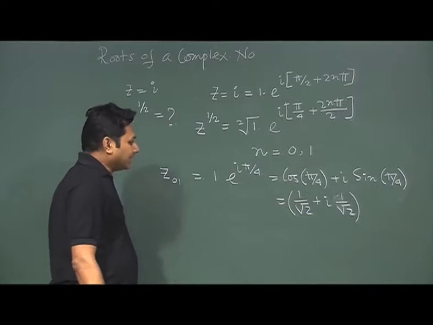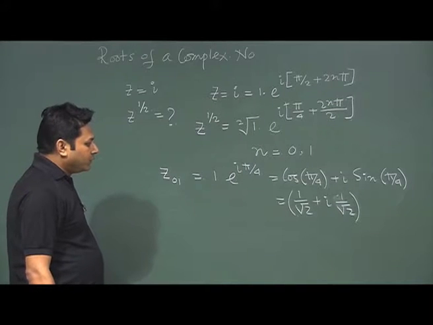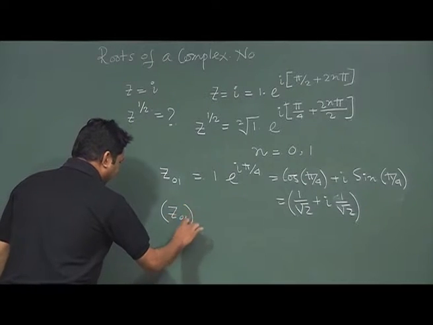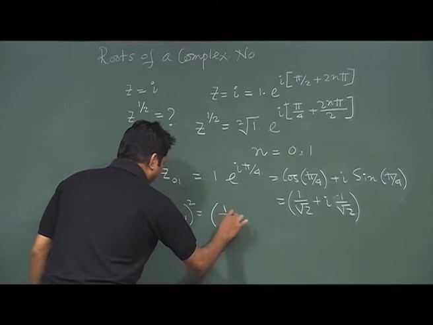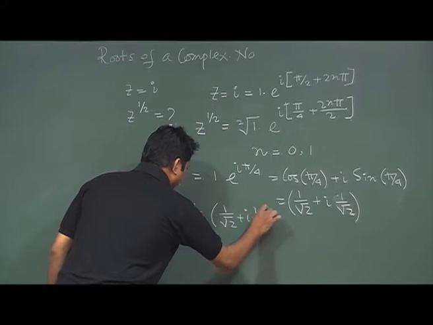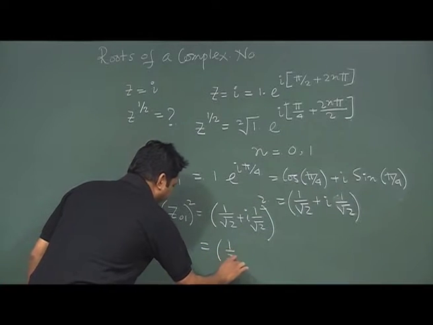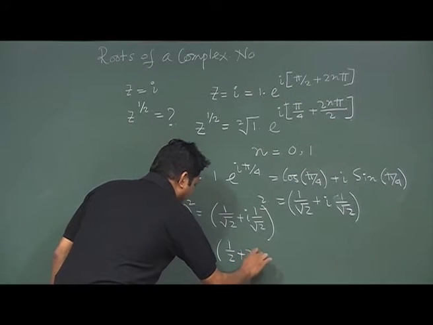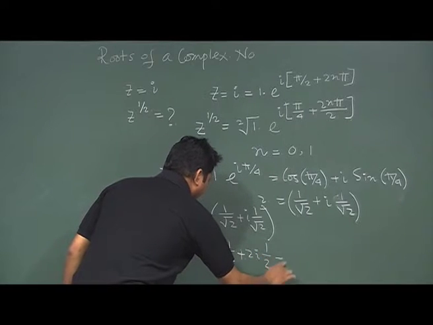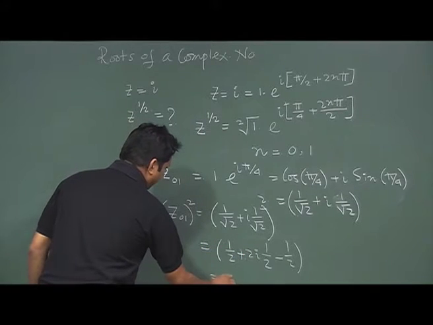In order to ensure this is the first root, if I square it, this value 1 by root 2 plus i 1 by root 2, squared, is half plus 2i times 1 by 2 minus half, the halves cancel out, and this gives me i.